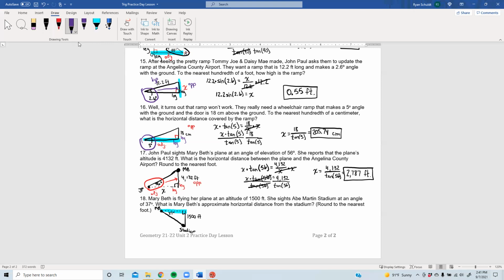That's going to be our x. So let's not forget, label our legs. And then circle the angle that's given. Except don't circle it and cover it up.